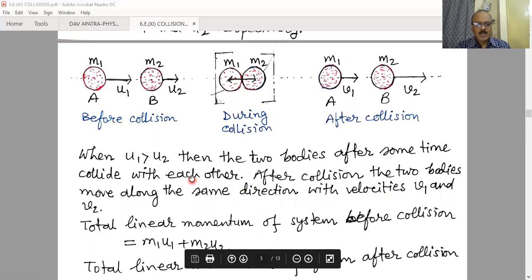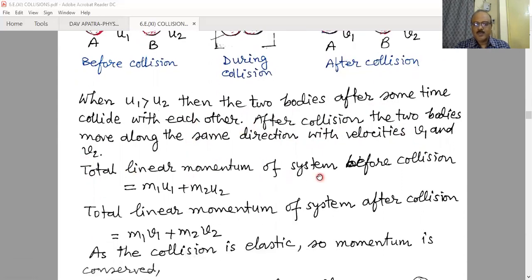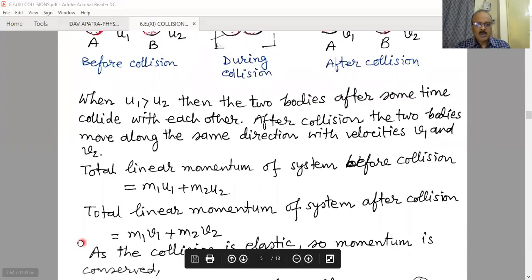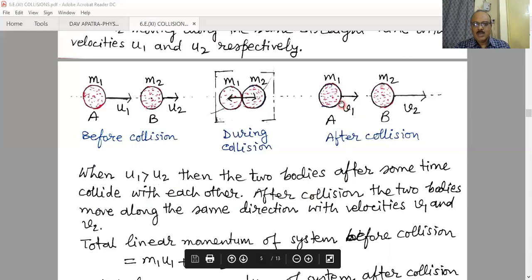Let us suppose the total linear momentum of the system before collision is m1u1 plus m2u2, and the total linear momentum of the system after collision is m1v1 plus m2v2. Here v1 and v2 are the velocities after collision.